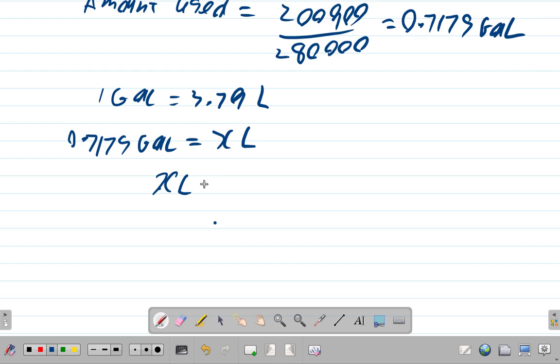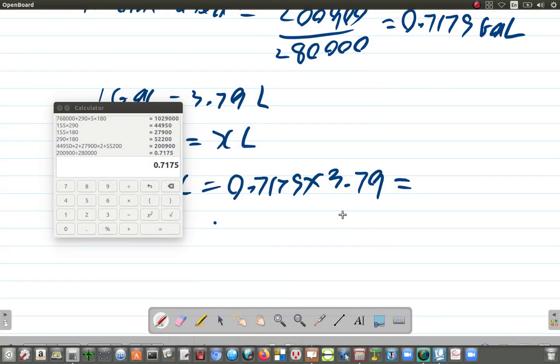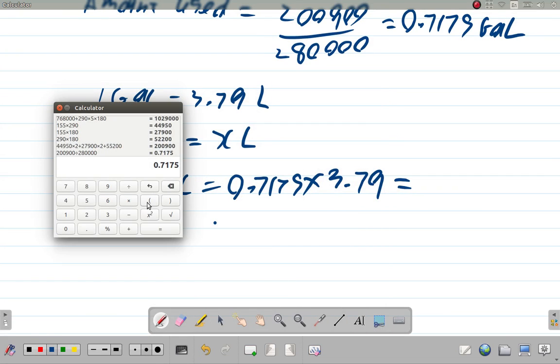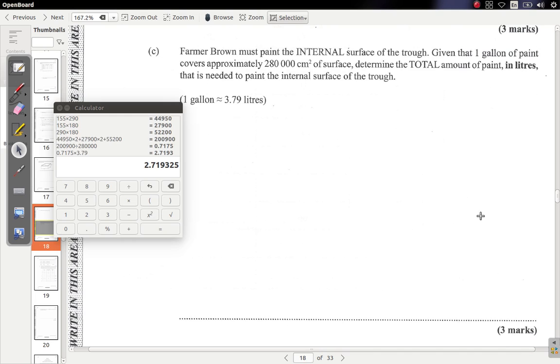So X liter would be this, 0.7175, multiplied by 3.79. What do you get for this now? This times 3.79 equals 2.72 liters.